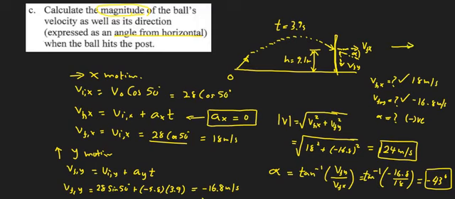So if this is the horizontal, the angle is 43 degrees below the horizontal. This is how we figure out the magnitude of the ball's velocity, and the direction of the ball's velocity as an angle from the horizontal. I hope this explains how to apply kinematic equations for a projectile motion problem.